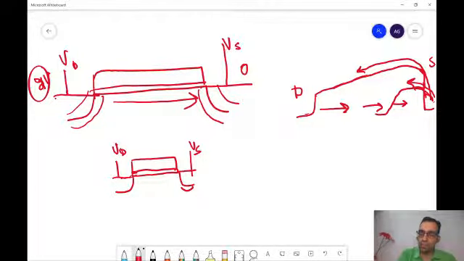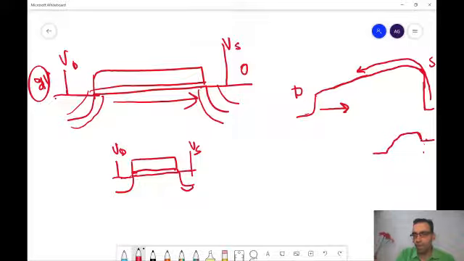For a short channel device, let us look at it in a separate graph. The drain and source are closer, and the barrier over here reduces compared to this value. So electrons can now more easily jump and reach the drain.